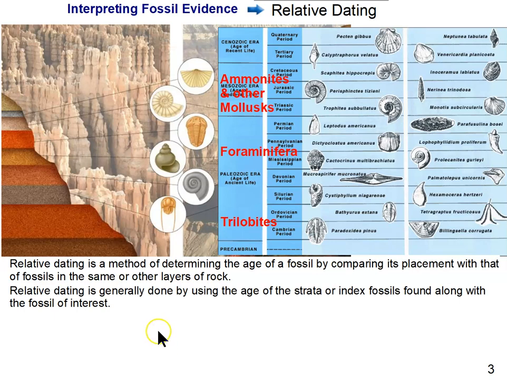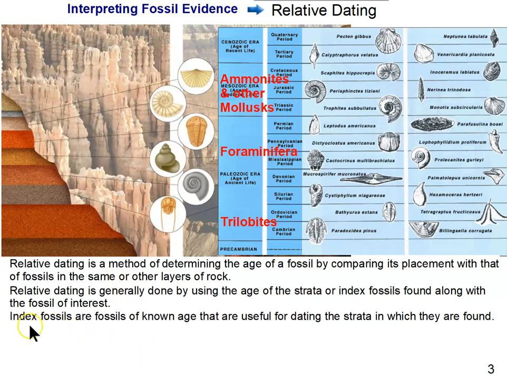And again, it's done by either knowing the age of the strata. So, for example, these layers of rock here, we know all over the Earth that certain layers were laid down at a certain time. So if we find a fossil in that layer, we can infer that that organism lived during that time that the stratum was laid down. Again, index fossils are very useful because there are certain species that we know when they lived.